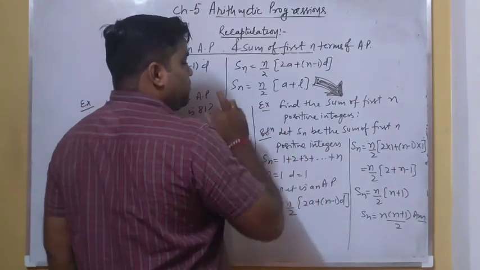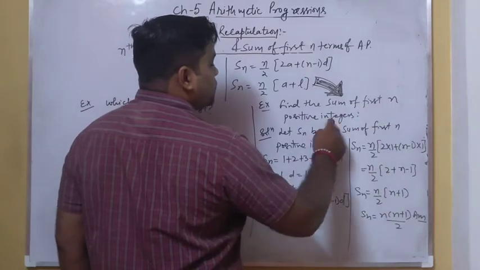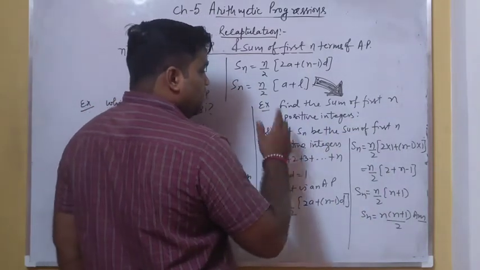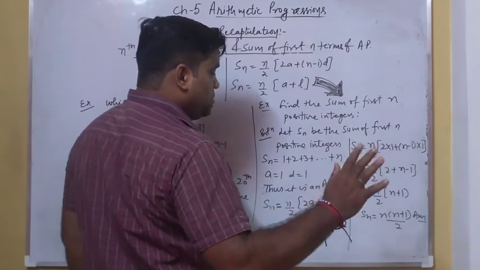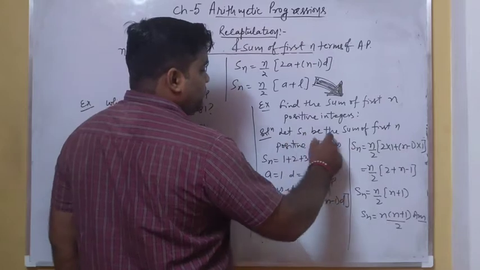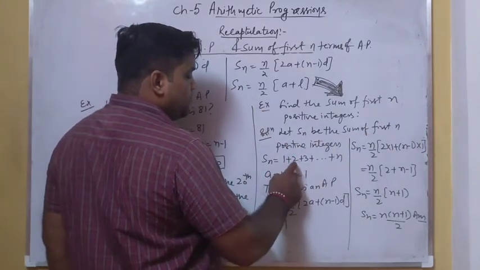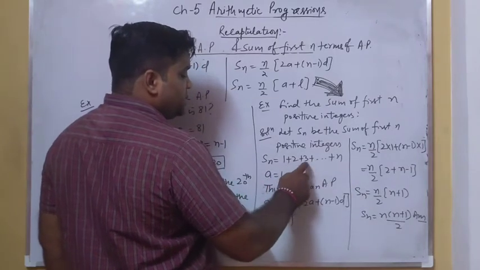Now let us come to a sample problem for the revision of that concept also. Find the sum of the first n positive integers. So let us come to the solution. We know the positive integers start like 1, 2, 3 and so on. Let Sn be the sum of the first n positive integers, which is given by Sn equals 1 plus 2 plus 3 up to n. Let us check whether it is an AP or not.